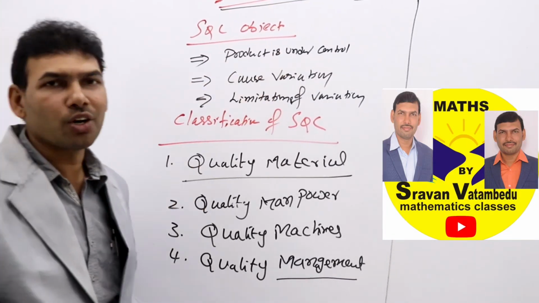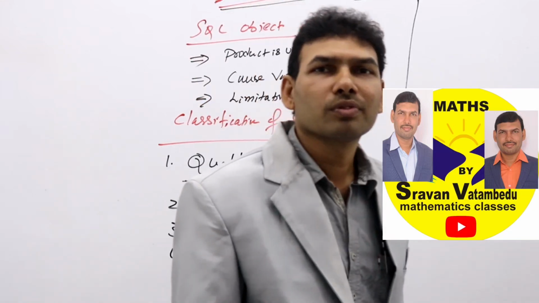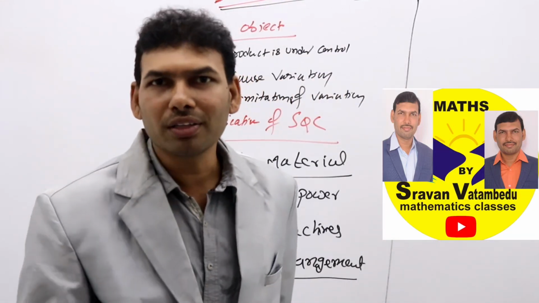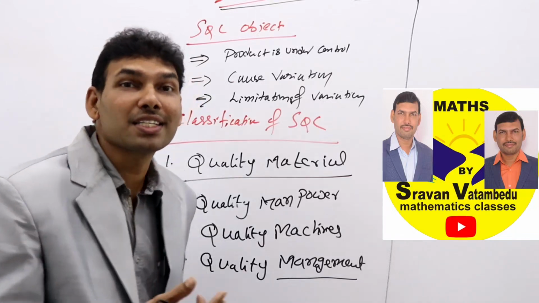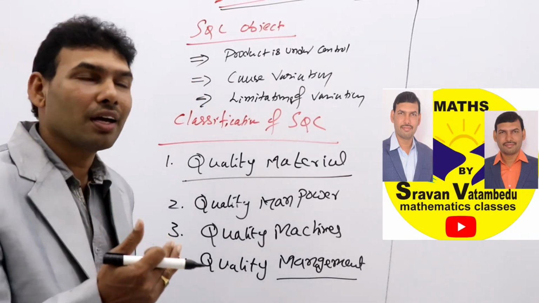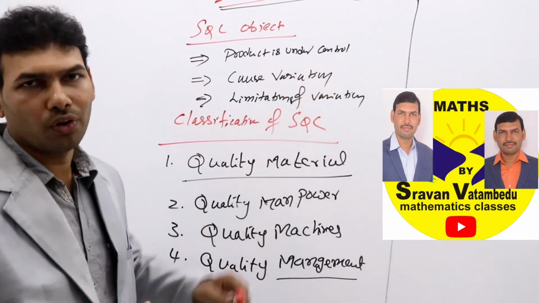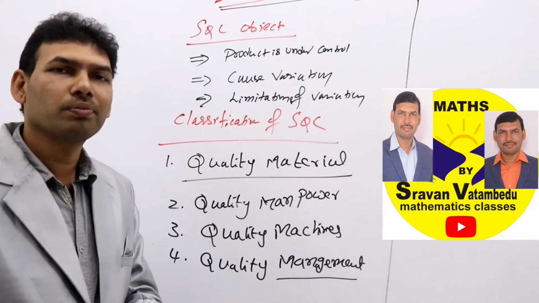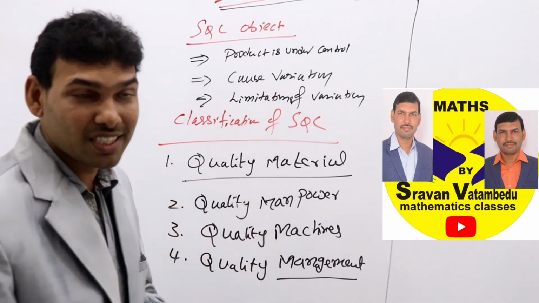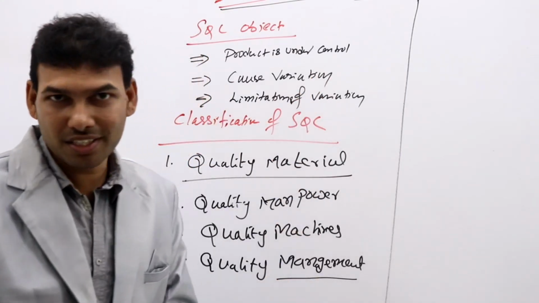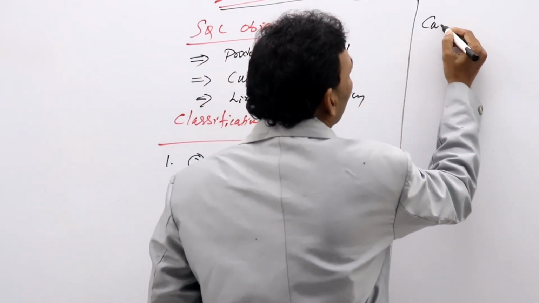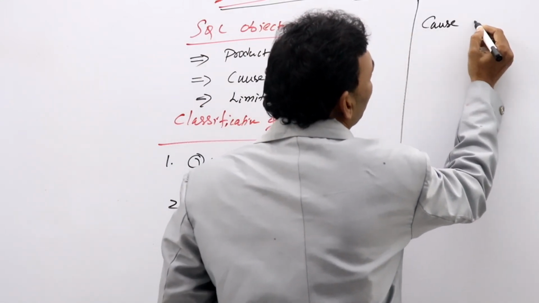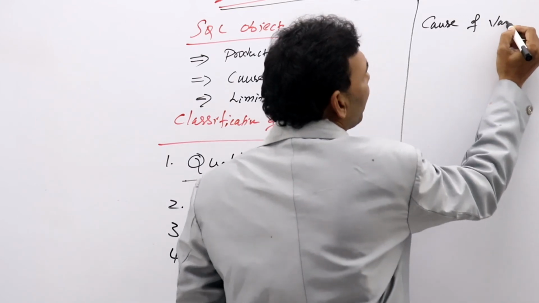If the product is under control, no problem. If quality is under control, then no need to discuss anything. When the product is out of control, what are the reasons? The causes of variations. Here, the process may be out of control due to causes of variations.